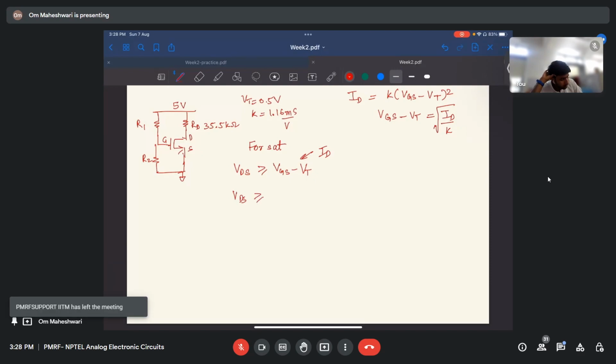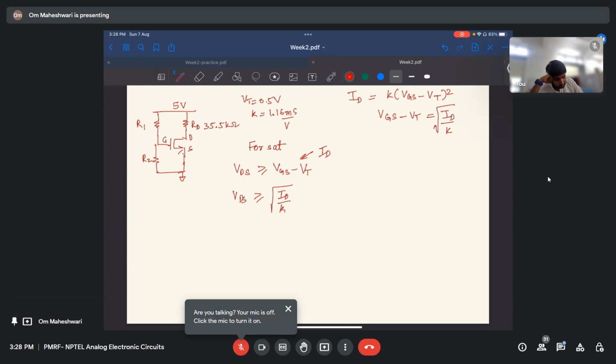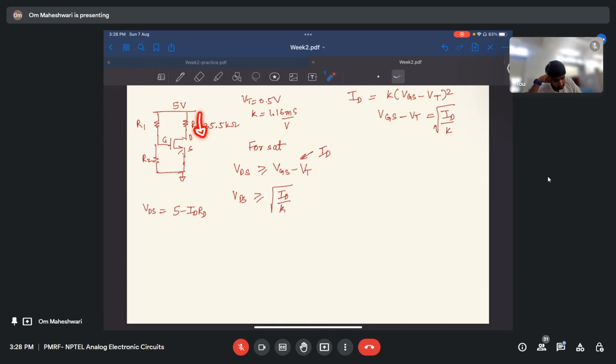VDS should be greater than or equal to the square root of ID by K. And what is VDS? VDS equals 5 minus ID RD. Since ID is still here, VDS equals 5 minus ID RD.